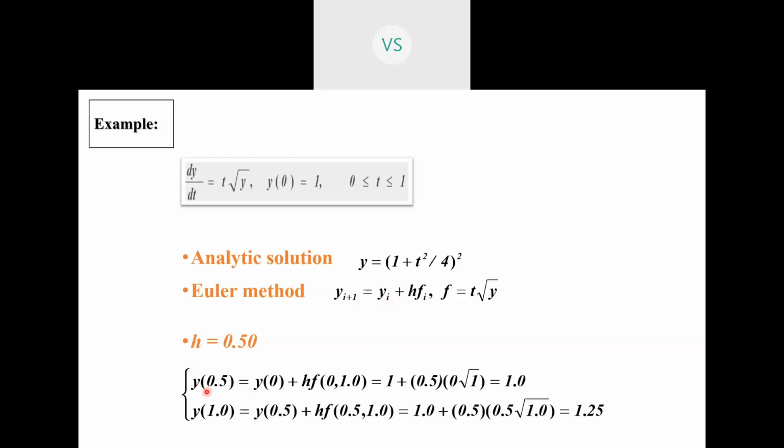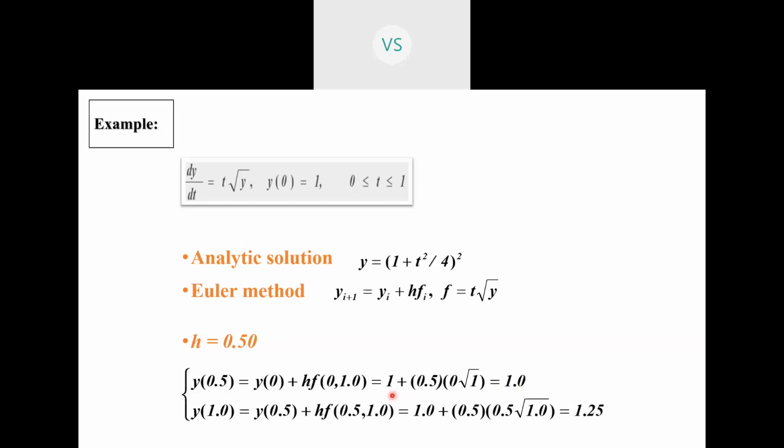According to this, y is y0 plus h into f of t and y. The initial value of t is 0 and the initial value of y is 1. You substitute over here and you find the value of y at 0.5.